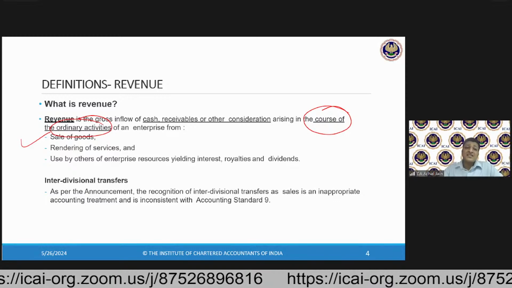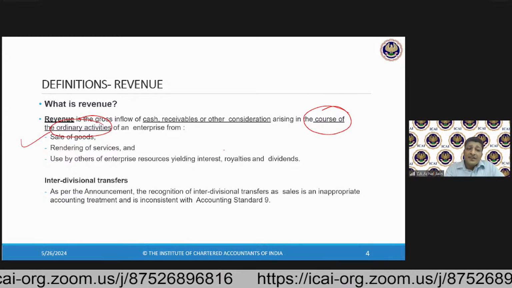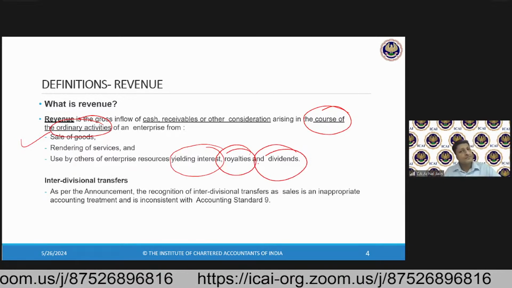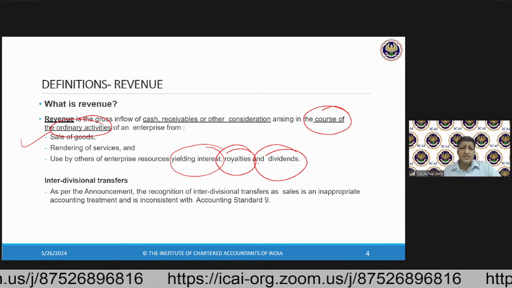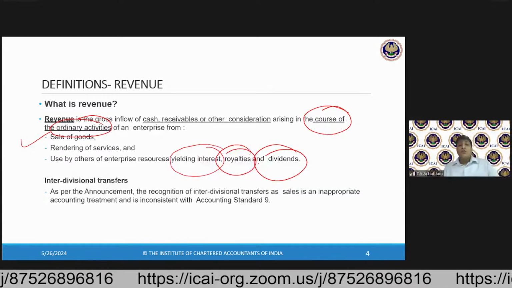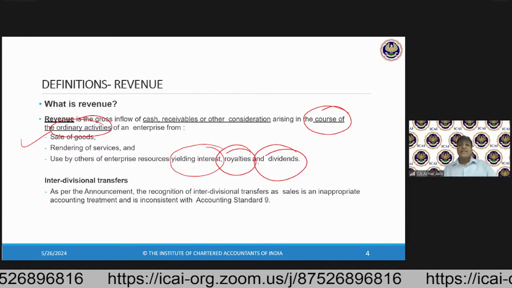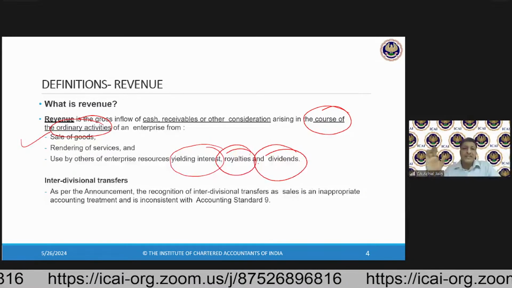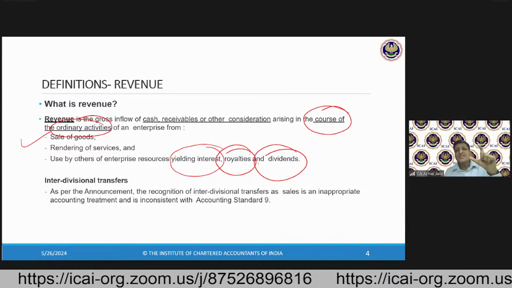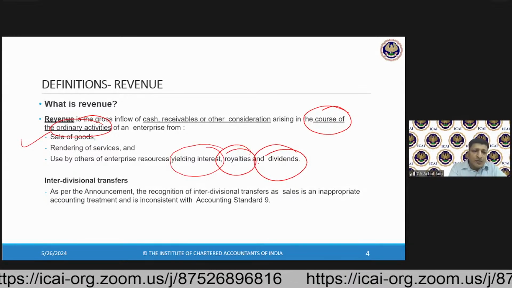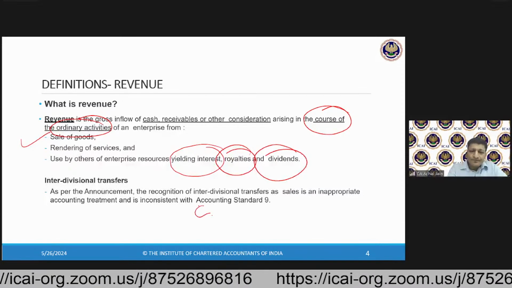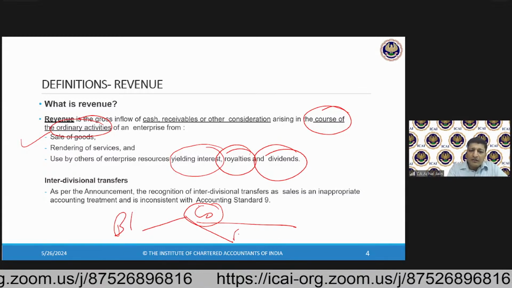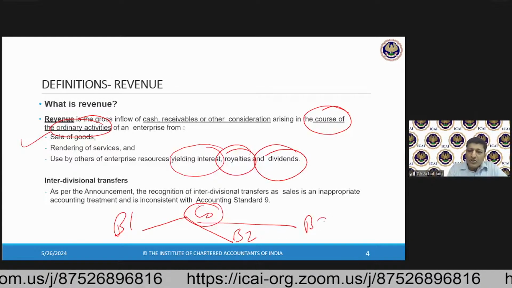And the other part is if that is resulting into interest, royalty, and dividend. Okay. Now, in this case, one point one should remember is that if there is a sale between some branches of a company, so let's suppose there is a company, it has got 3 branches, branch 1, branch 2, branch 3.